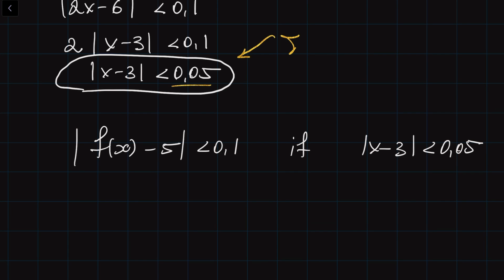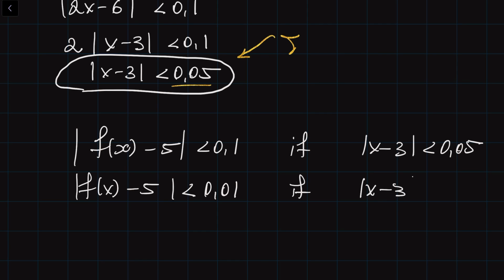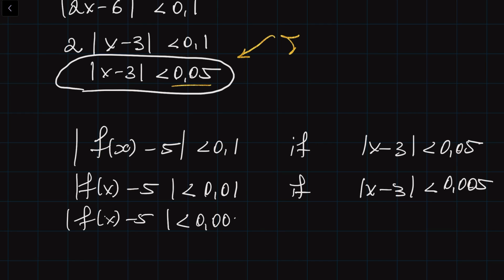But I can control this distance. If I would like to be closer to 5 within a distance of 0.01, then we should choose the distance between x and 3 to be 0.005. Or if I want the distance between 5 and f of x to become smaller than 0.001, then we should choose the distance between x and 3 smaller than 0.0005.